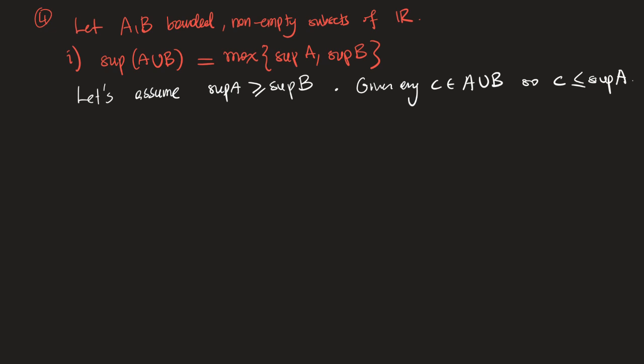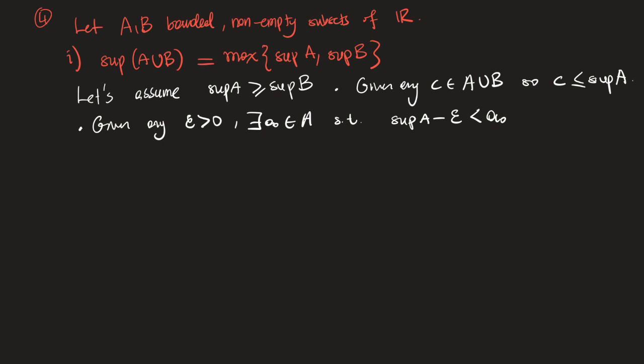So let's check the second condition. Given any epsilon, we are going to use the bigger one, supremum A's definition, second condition. So there exists some A0 in A such that supremum A minus epsilon is less than A0.